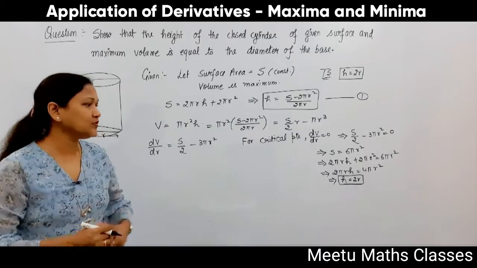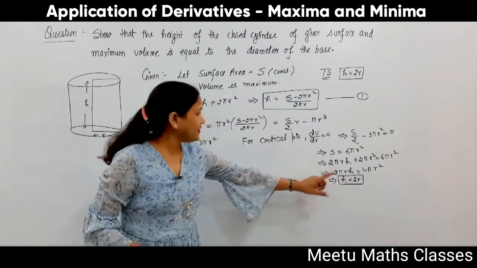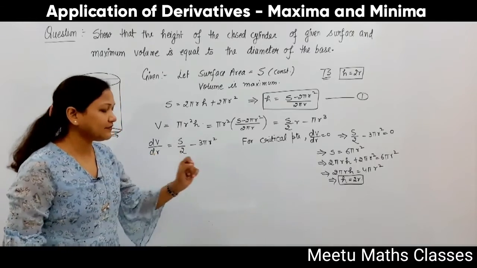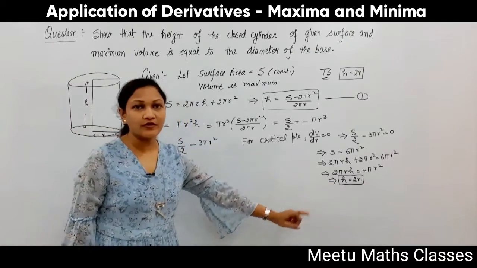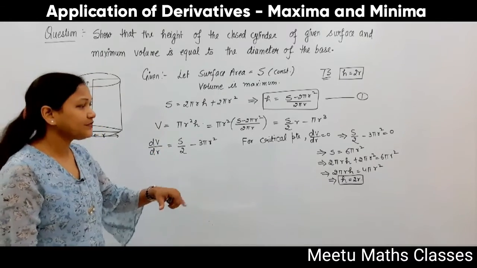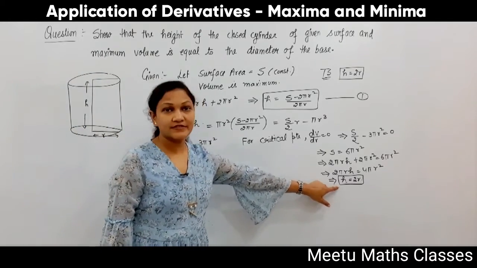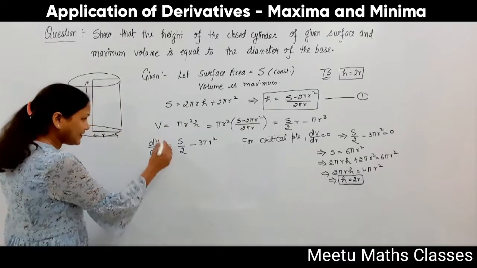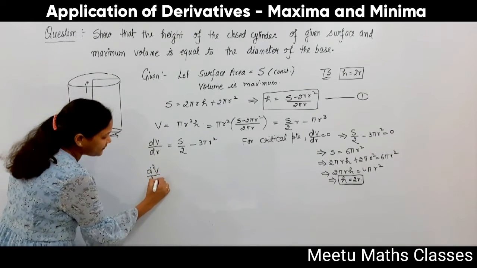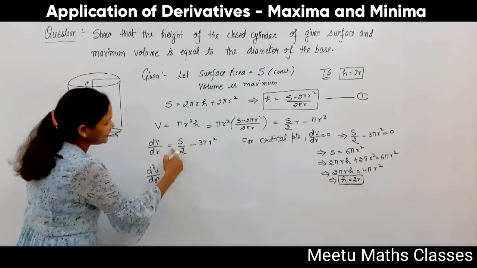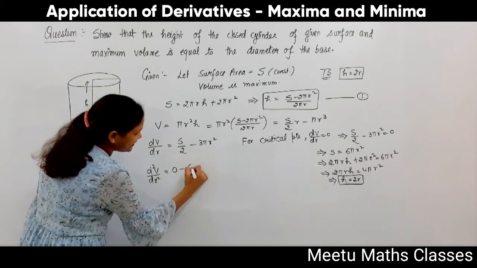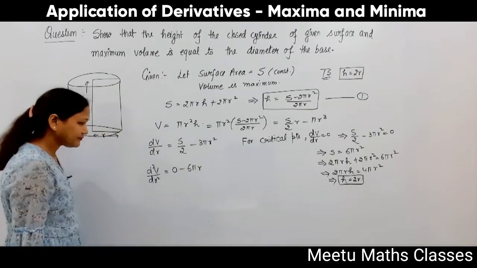But you are going to check whether the second derivative is negative at this critical point or not, because you have to maximize your volume function. So you have to check whether this is a point of maxima or not, and for that you have to find the second derivative of this function. The second derivative is, this is a constant, so its derivative is 0, and here minus 6 pi r.